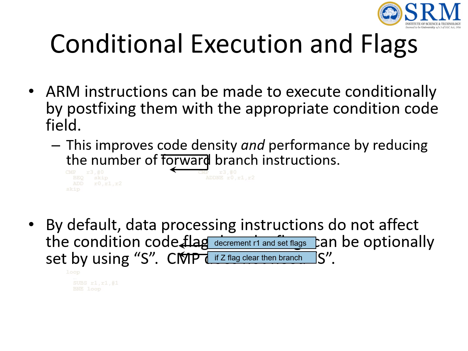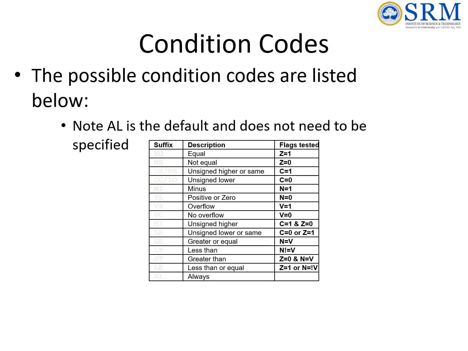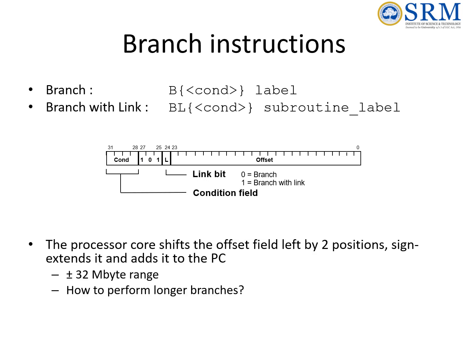By default, data processing instructions do not affect the condition flags, and that can be optionally set by S. The possible condition codes are: equal, not equal, unsigned higher or same, unsigned lower, and so on, the list is there. So the branch instruction is B condition label, or BL condition subroutine label.